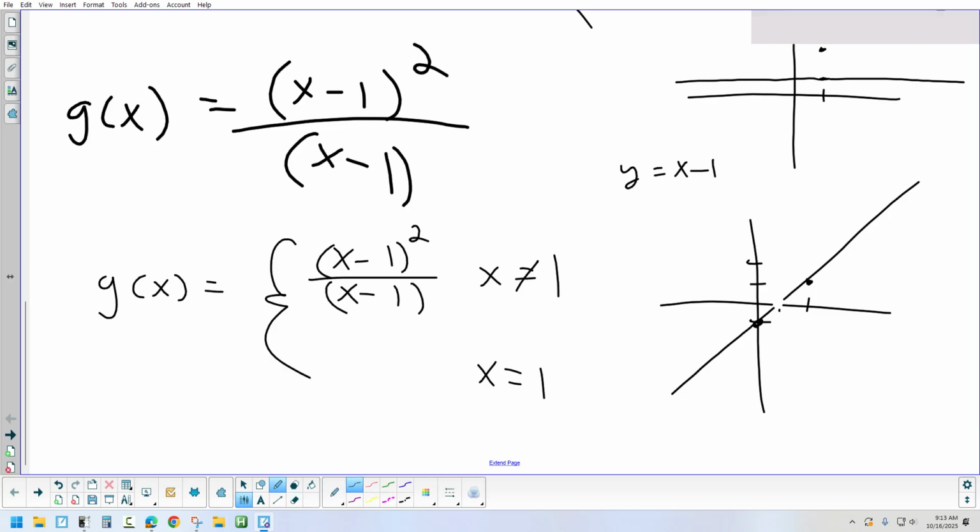What value would I want to pick so that when x is 1, it fills in the hole? So what value would we need to use to redefine this function when x is 1 so that we make it continuous?